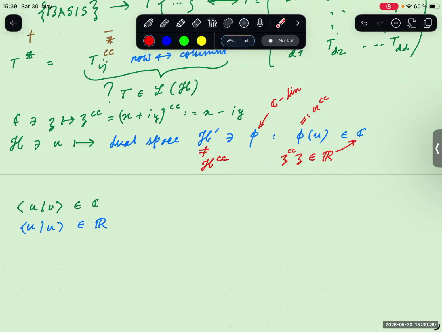Okay, then what's the upshot? How should we define complex conjugation, or a generalization of complex conjugation, for Hilbert spaces? The answer is with... Can any of us write in chat what should be this structure?